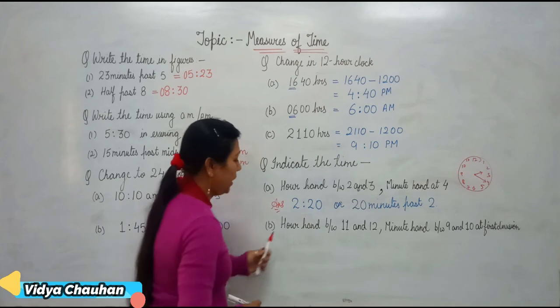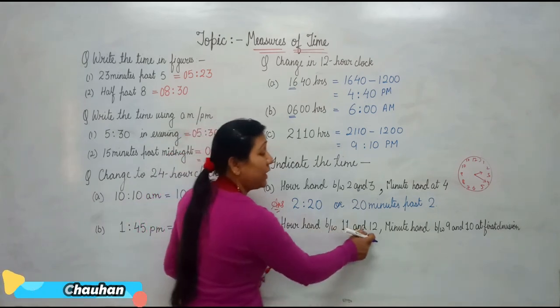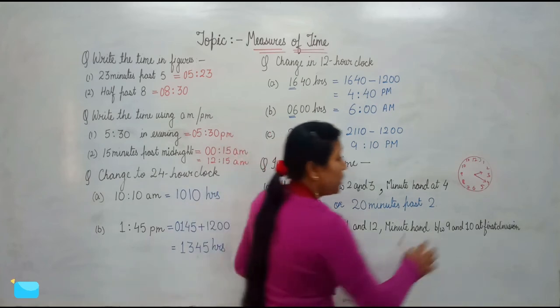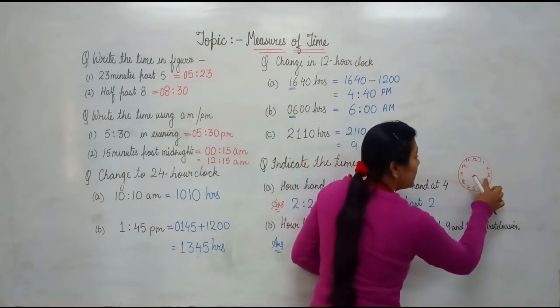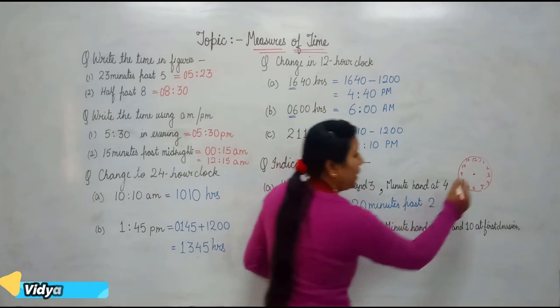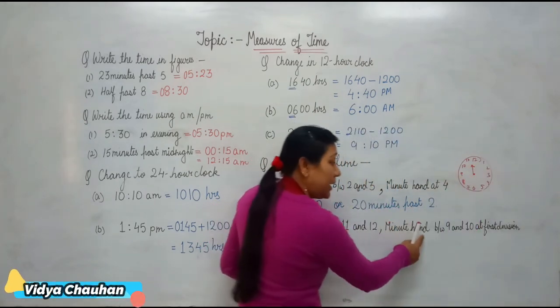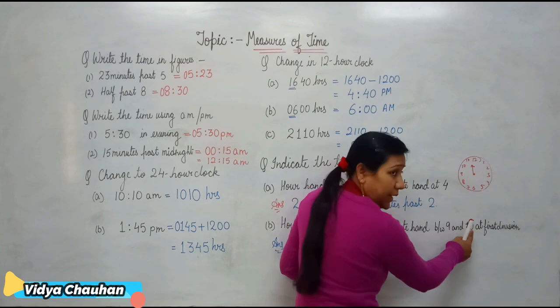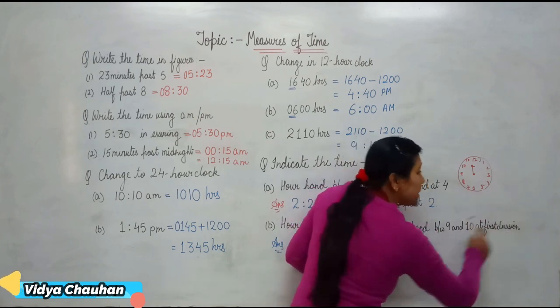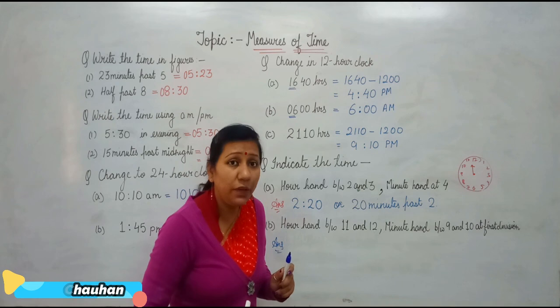Coming to the second part, in which our hour hand, what is our hour hand? It is between 11 and 12. So if I make the diagram in the same clock, this is our hour hand, and the minute hand is between 9 and 10 at the first division. Where between 9 and 10?